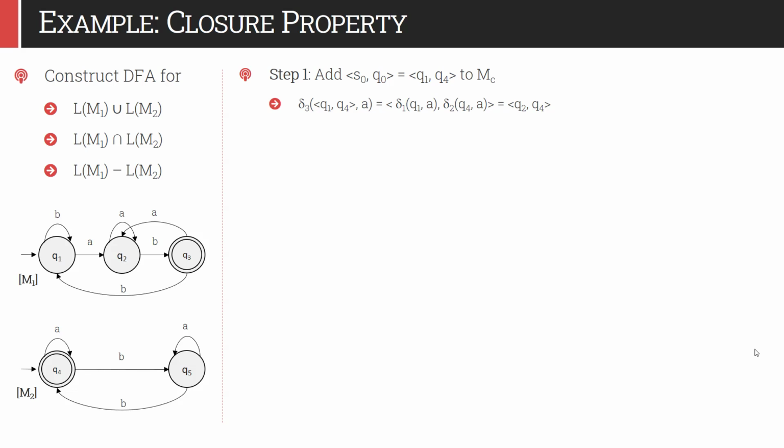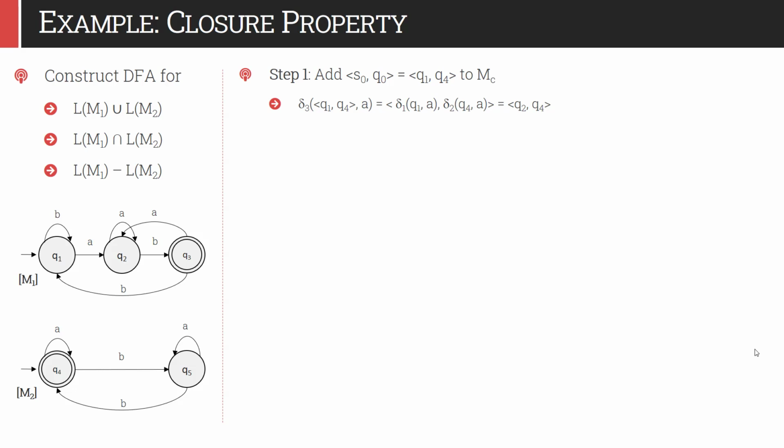So delta 3 of Q1 comma Q4 on input A is given by breaking it into two parts. We apply delta 1 on Q1 for input A and delta 2 on Q4 on input A, because Q1 is coming from machine M1 and Q4 is coming from machine M2. That will give us Q2, Q4.